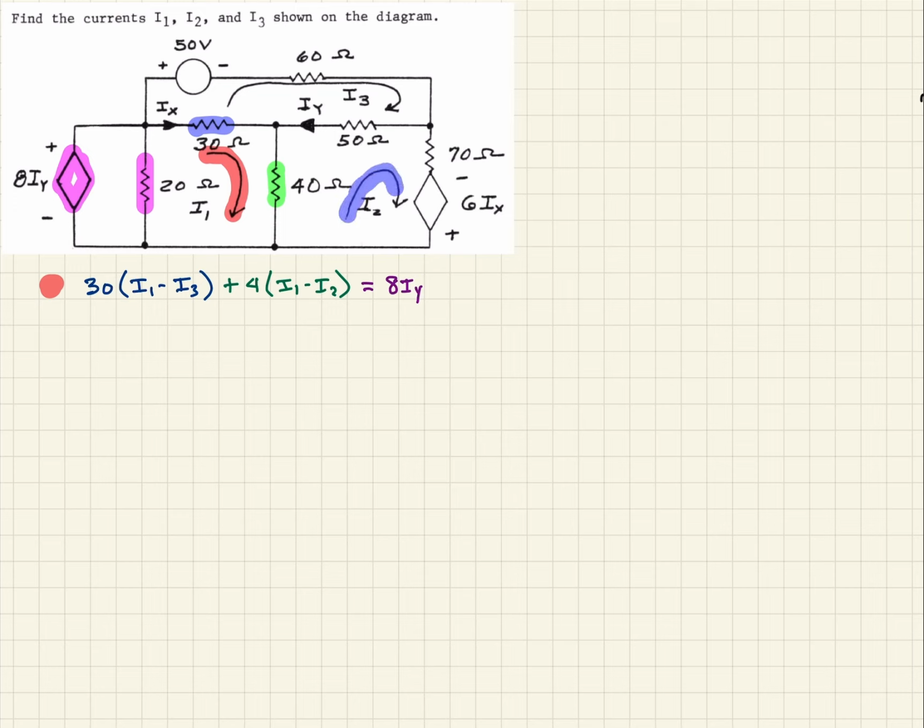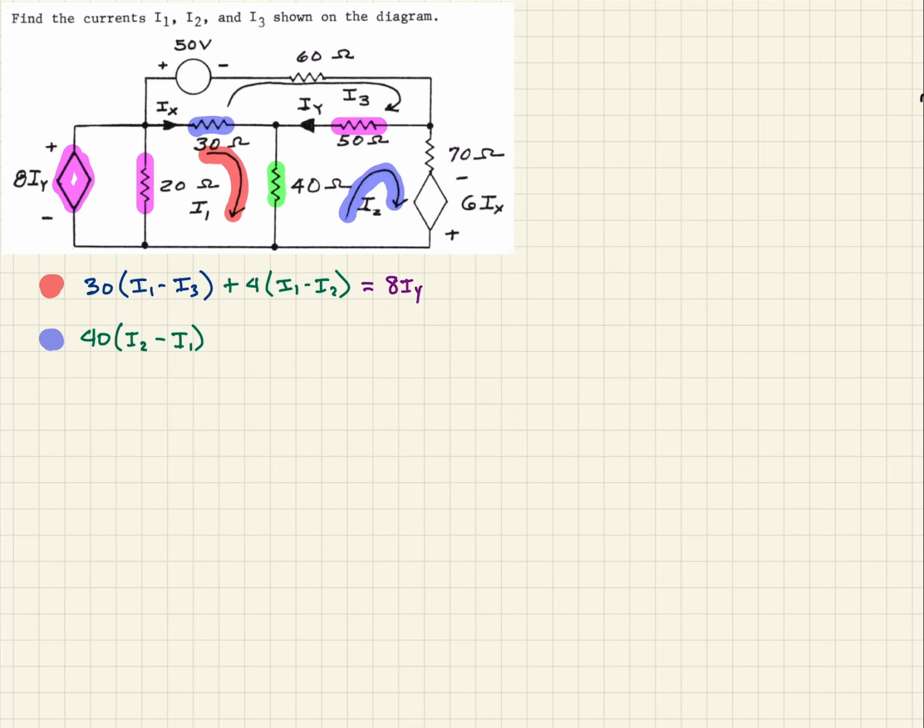Next, we're going to look at this loop here, which involves I2. And first thing we see is we have the 40 ohm resistor. So as before, it's going to be 40 ohms, and that's going to be times our I2, but then remember I1's working against us through that same resistor. So we have to account for that. And then next, we see we have this 50 ohm resistor here.